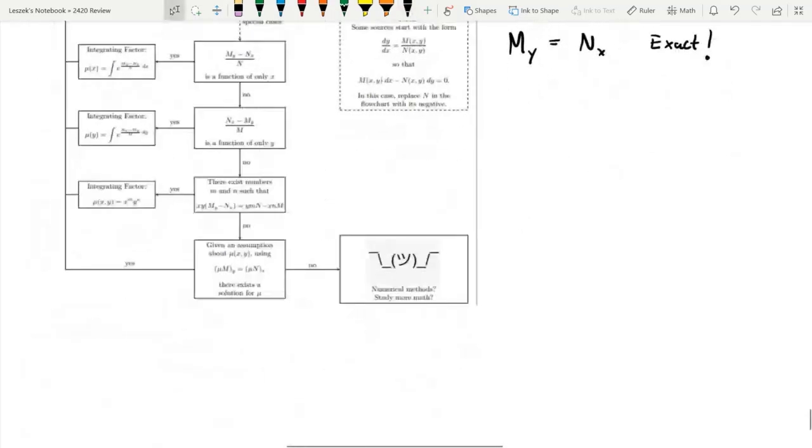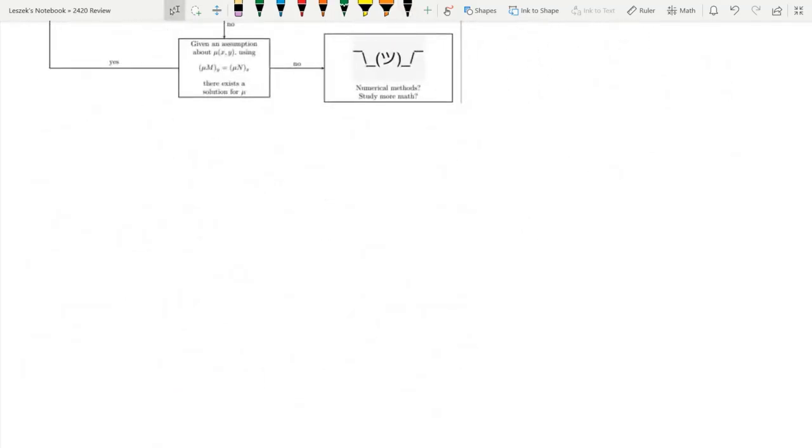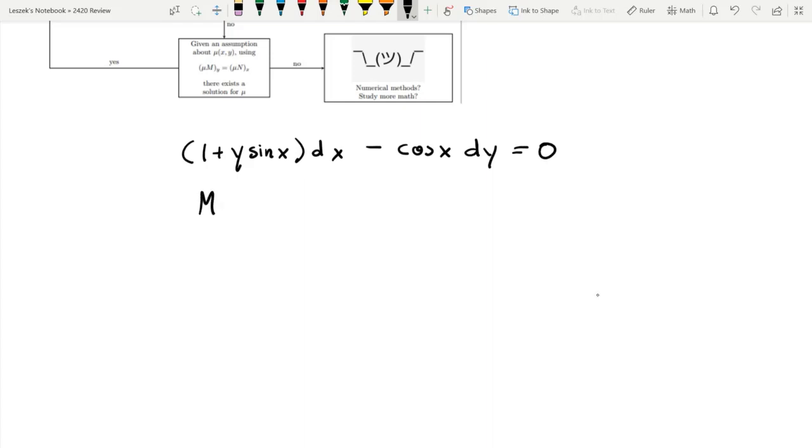Okay. So this is going to be an example of an exact differential equation. And right, so we identify m here as the thing multiplying the differential dx.